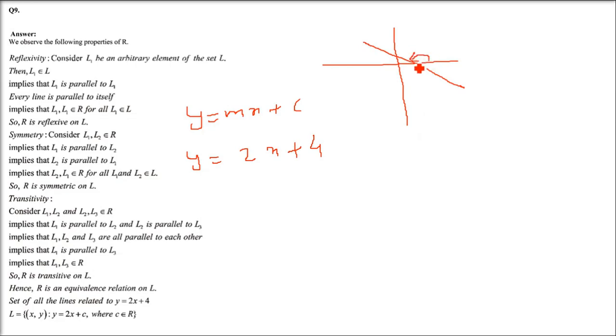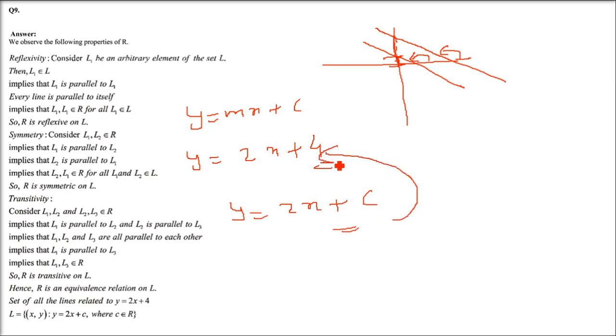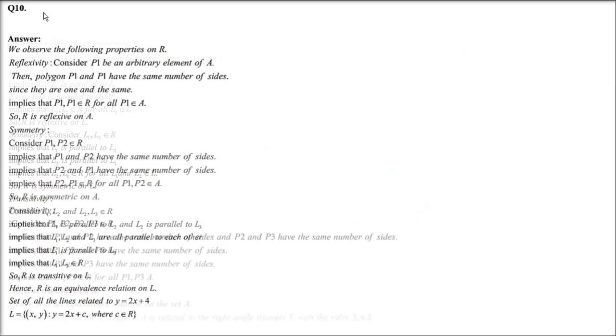So we are making a Cartesian plane. This m is related to the angle from the positive x-axis. Now if I make a line parallel to this one, the y-intercept will change, because on the y-axis the cut is the y-intercept, c. So if a line is parallel, only the c part, which is 4 here, will change. Depending upon this c, there will be multiple lines.